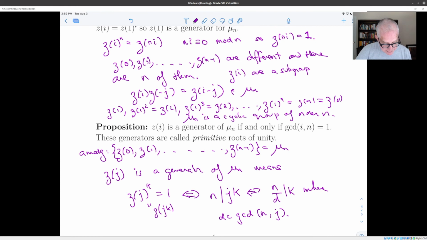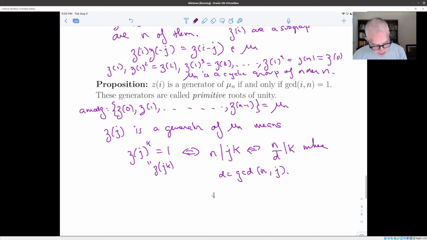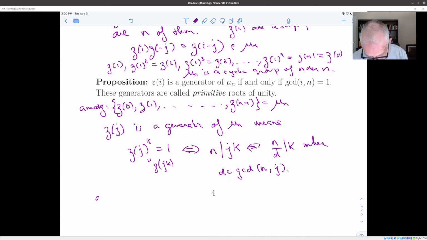On the other hand, if the greatest common divisor is 1, then the smallest power k for which z of j to the k is equal to 1 has to be n, and that means that z of j is a generator. So just to wrap that up, if d is bigger than 1, then z of j to the n over d is equal to 1, so z of j is not a generator.